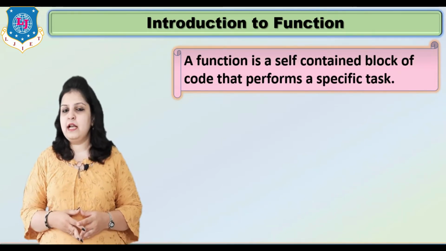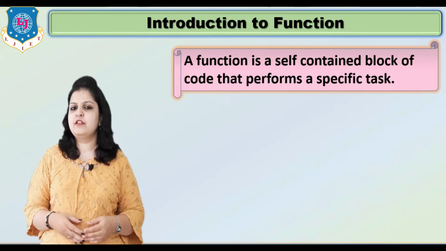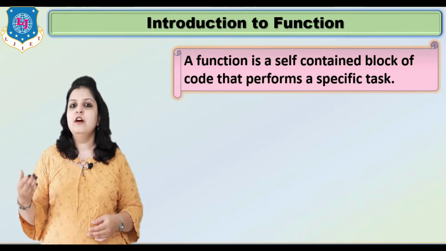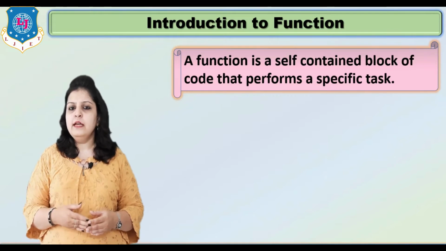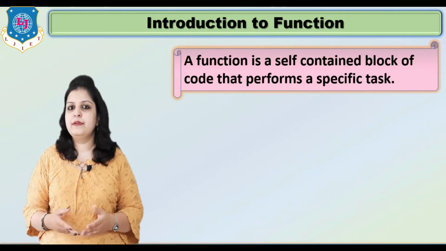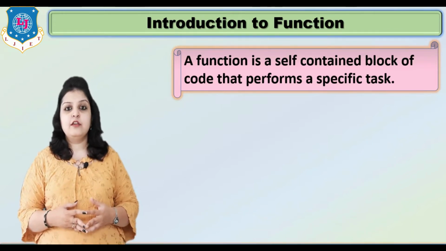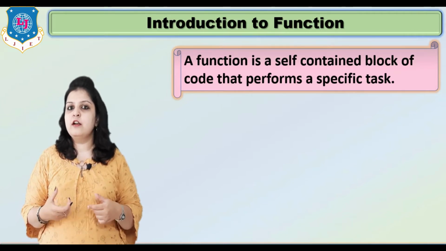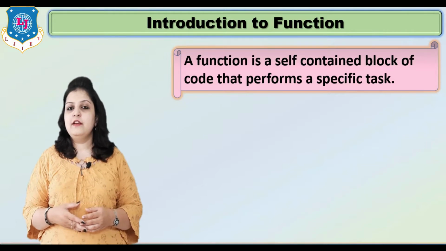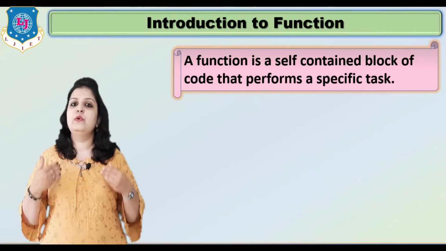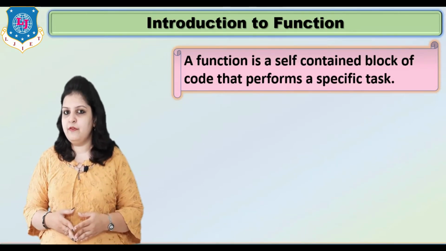So in a scientific calculator we have many different functions like addition, subtraction, multiplication, division, square root, then square, cube, right? All types of functions. So we can make different logic for each function and we can combine this whole code into our main function.